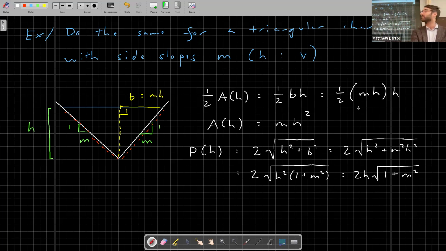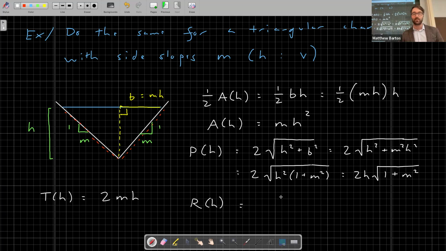All right, what about the top width? 2b, which is equal to 2 times m times h. So the top width here is equal to 2 times m times h. And then the hydraulic radius is just equal to the cross-sectional area divided by the wetted perimeter.